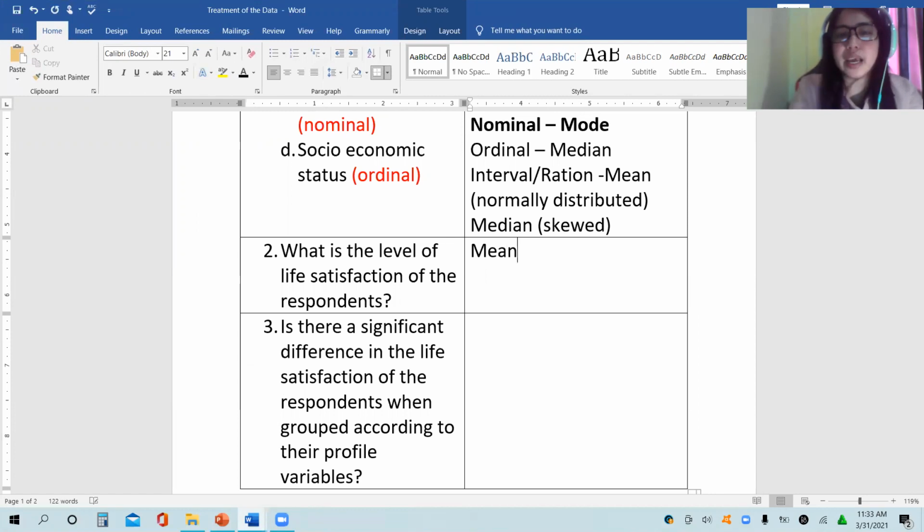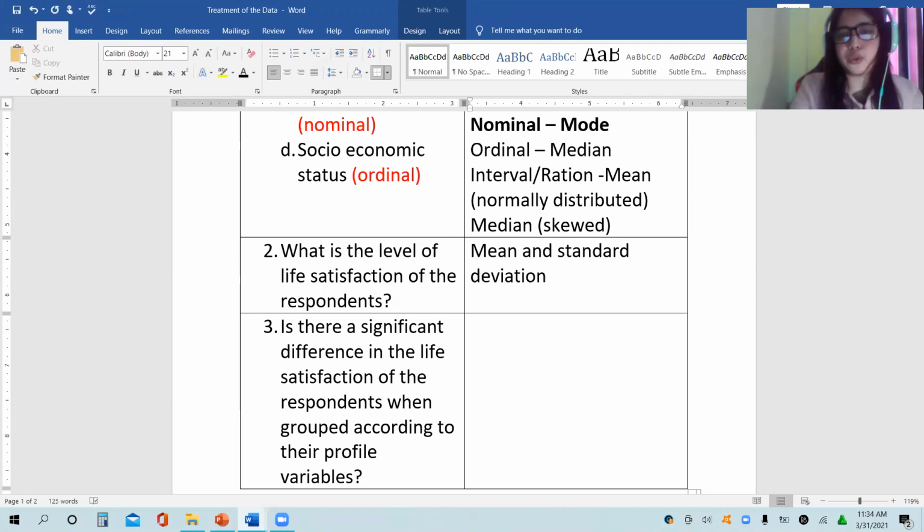So means, and let us also place the standard deviation, just to show the readers how spread the data is. So you will place the mean and standard deviation.